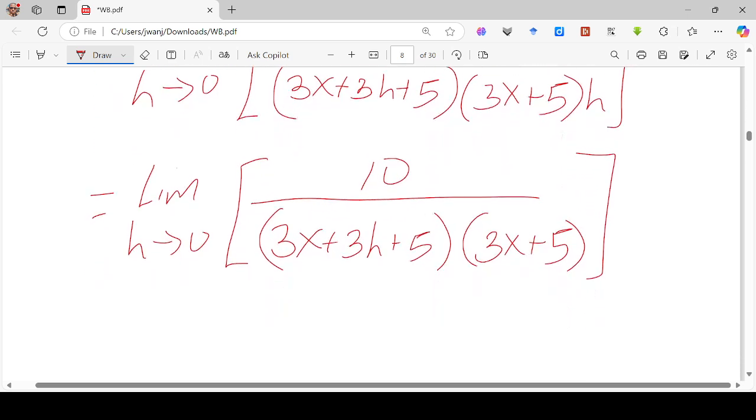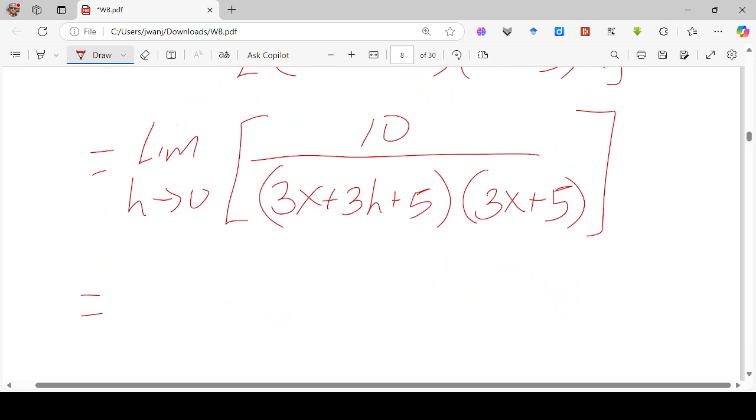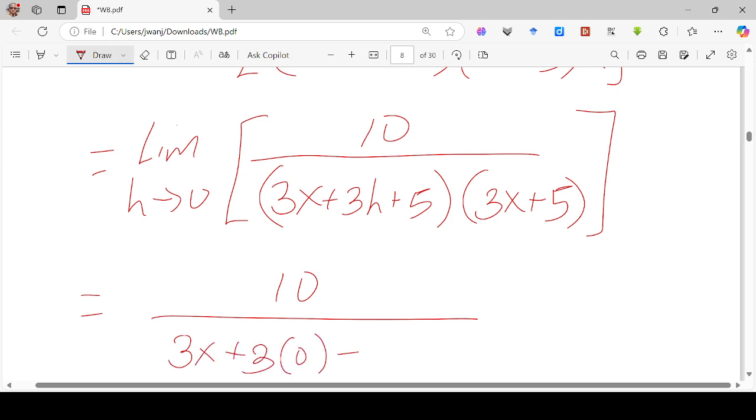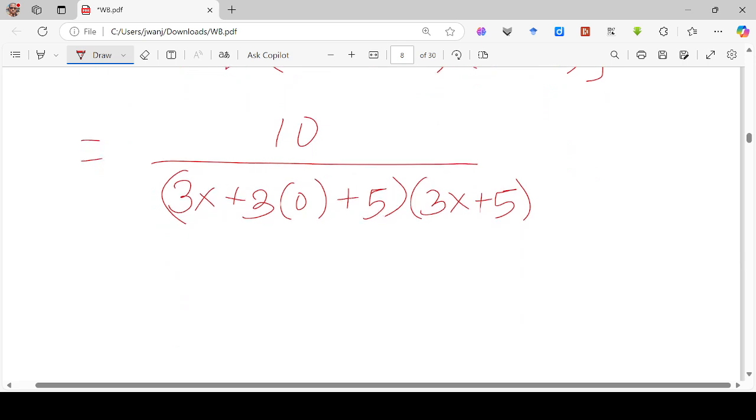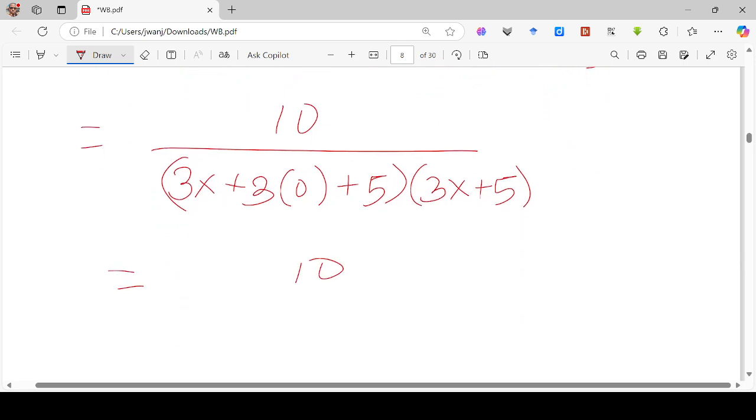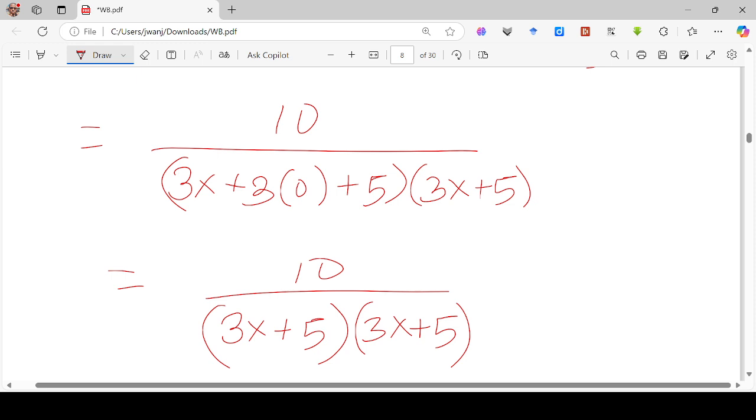So now we take the limit as h goes to 0. If we take h to 0, now we will get the numerator is 10 and the denominator is 3x plus 3 times 0, when h goes to 0, plus 5, multiplying 3x plus 5. Notice that the term here, 3 times 0, is 0.